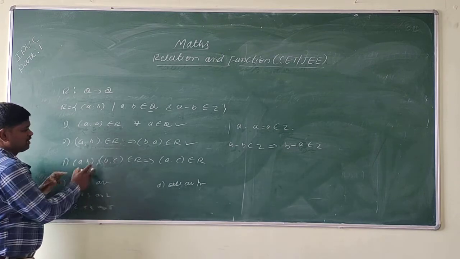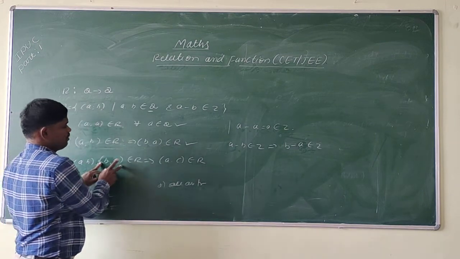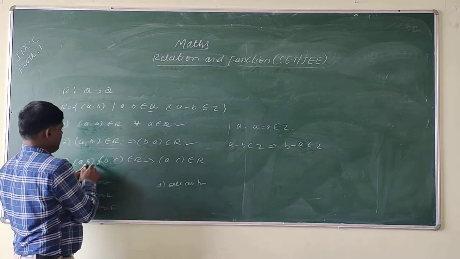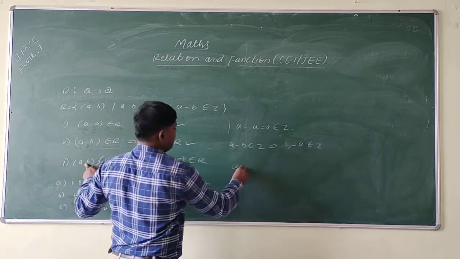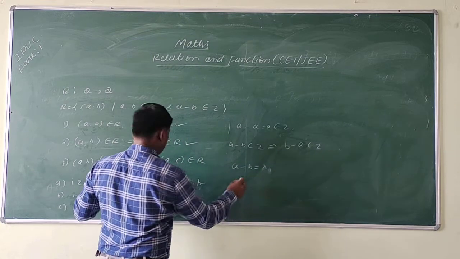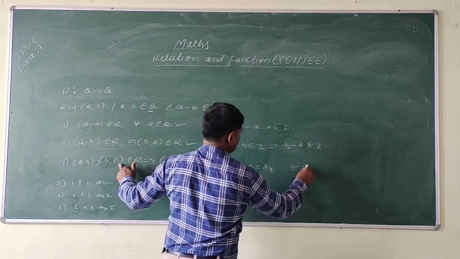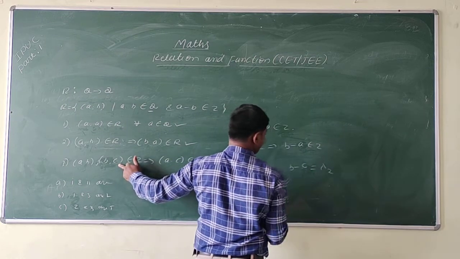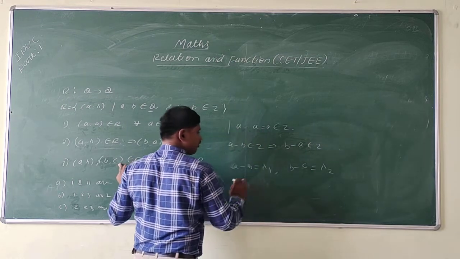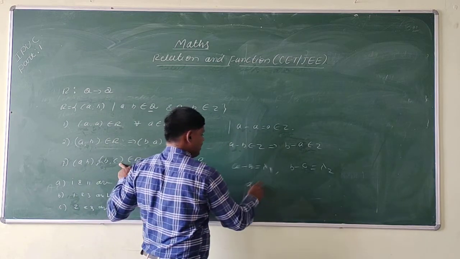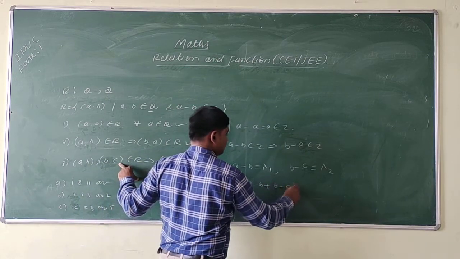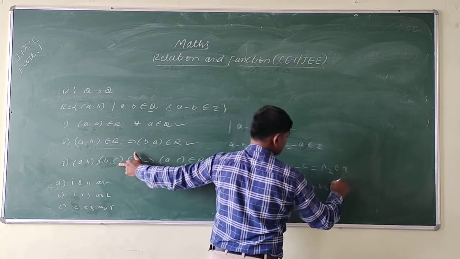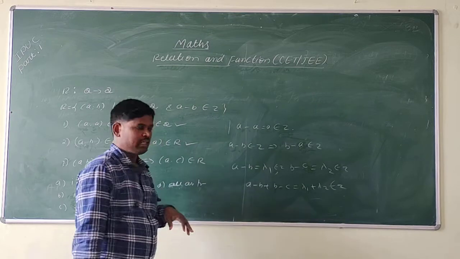Similarly, suppose three ordered pairs: (a, b) belongs to R, (b, c) belongs to R, and we check (a, c). That means a minus b is equal to lambda 1, and b minus c is equal to lambda 2. Adding these two, a minus b plus b minus c equals lambda 1 plus lambda 2, which is an integer.